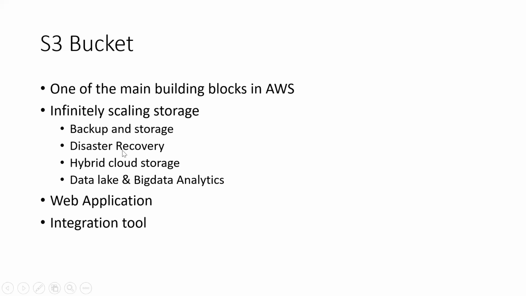Okay. So disaster recovery, it's fine. Backup and storage, it's fine. For backup and archiving, we can also use AWS Glacier. It's the same type of thing as S3, but the difference between S3 and Glacier is that Glacier is cheaper than the S3 bucket, and the processing speed is also low because we are archiving.